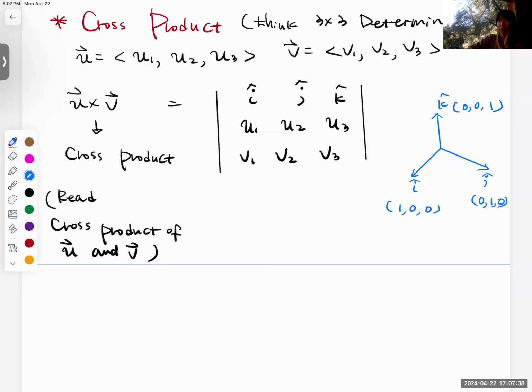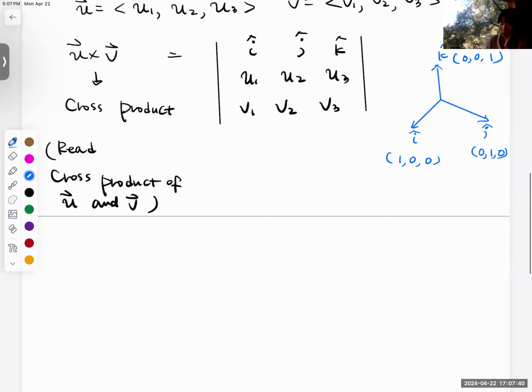Okay. Now, how do we calculate the cross product of u and v? So let's take out the i here. And then we knew plus, minus, plus. So minus j and plus k, right?